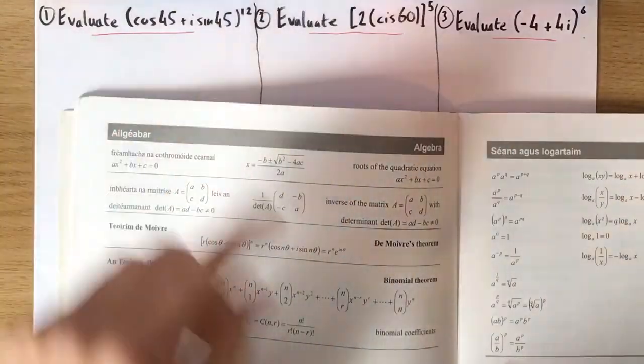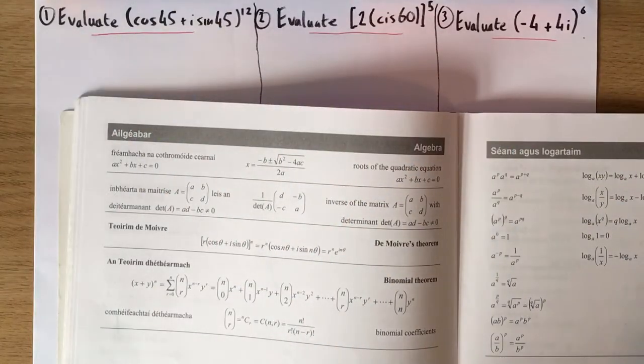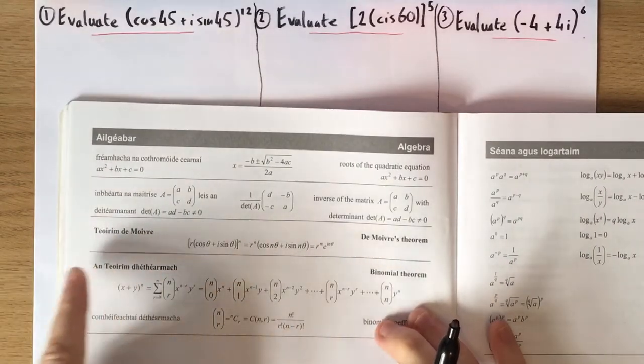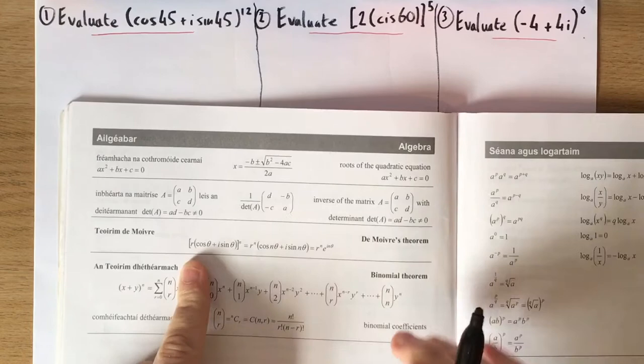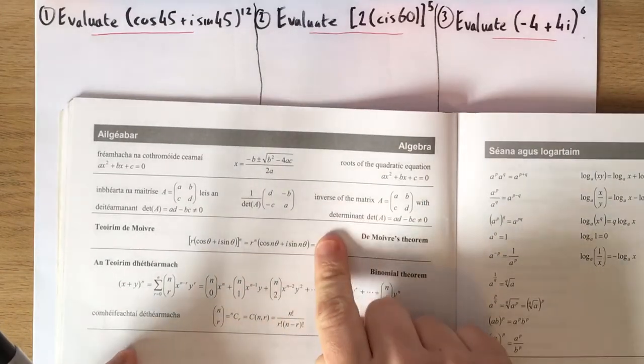All right. So anyway, this first example here, evaluate (cos 45 + i sin 45) to the power of 12. Let's write out de Moivre's theorem. And as I said, this little bit here at the end, you don't need.